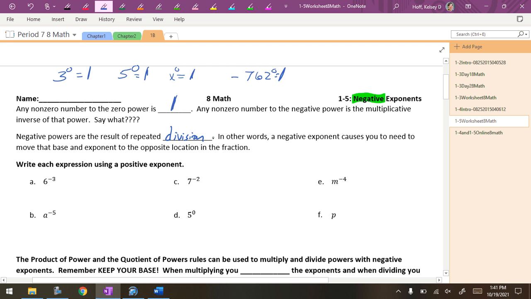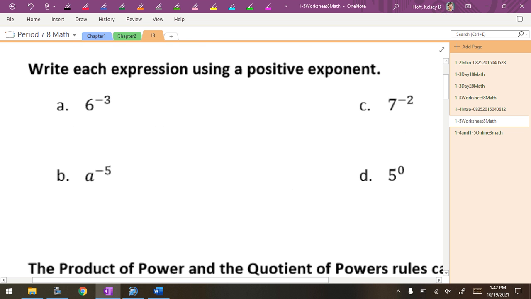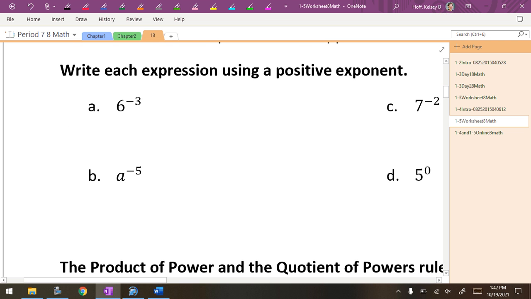Okay, so what does this mean for us, Miss Hoff? This first piece, write each expression using a positive exponent. Everybody agree with me, you can make any number or variable a fraction by putting it over 1. Agreed? So 6 to the negative third. If I put it over 1, I am just rewriting that number as a fraction. Okay, we cannot have a negative base or a negative exponent.